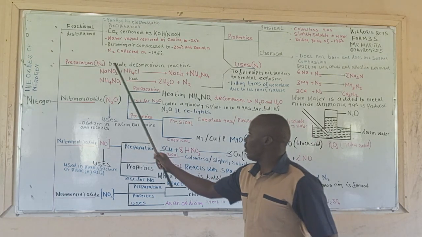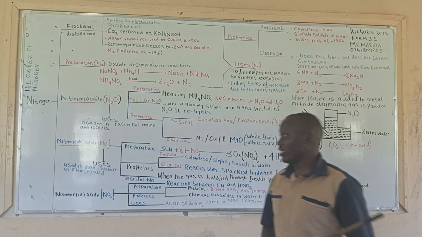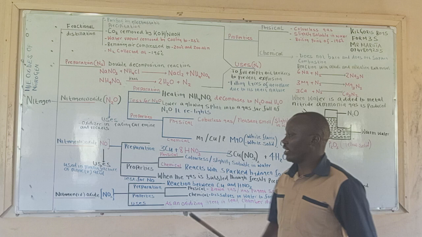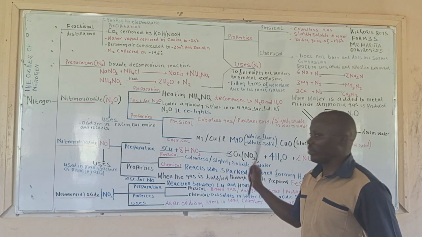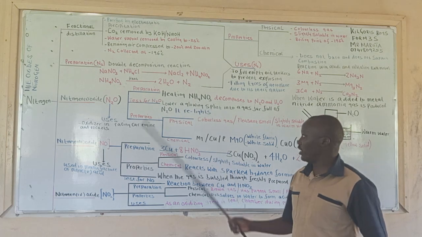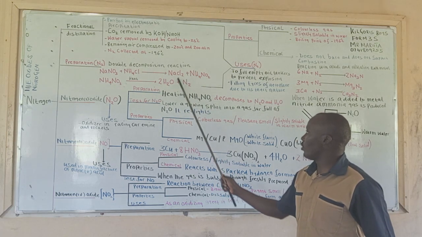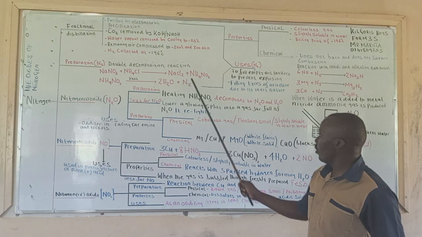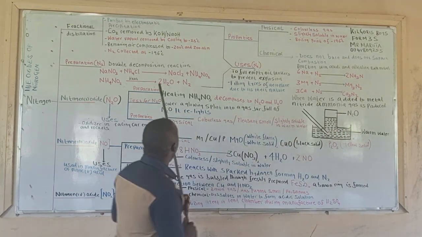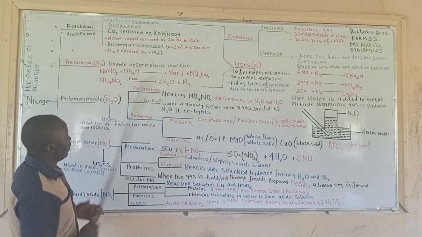So that is a simple way on how nitrogen gas is prepared. You react sodium nitrate with ammonium chloride, you get ammonium nitrate. Ammonium nitrate, being an unstable compound in the presence of heat, decomposes, and therefore we have nitrogen gas.